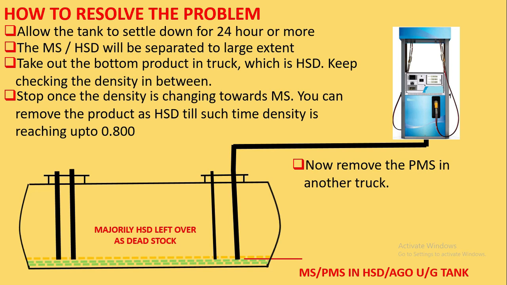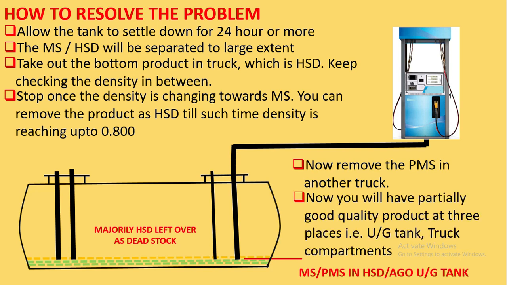Once you reach this situation, you will have three types of partially good product. One is in the underground tank, which will have majorly HSD and a thin layer of HSD and AGO.